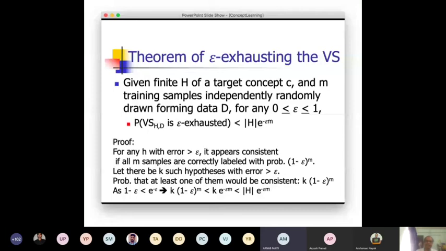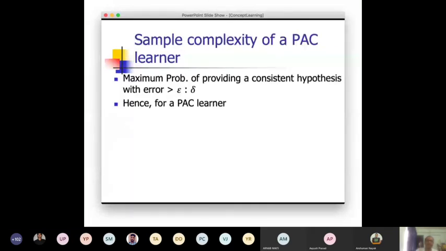This says that the probability that the version space is epsilon exhausted must be bounded by this. So the maximum probability of providing a consistent hypothesis with error greater than epsilon, we would like to be less than or equal to delta.